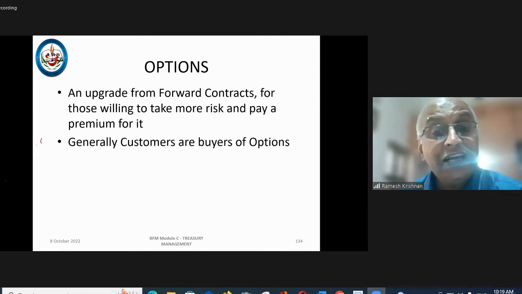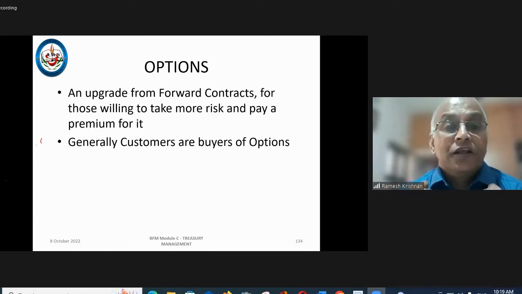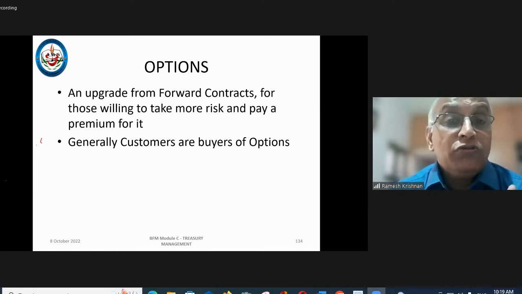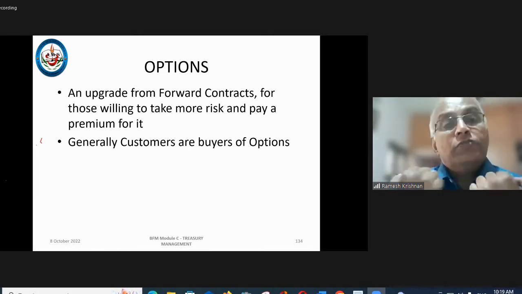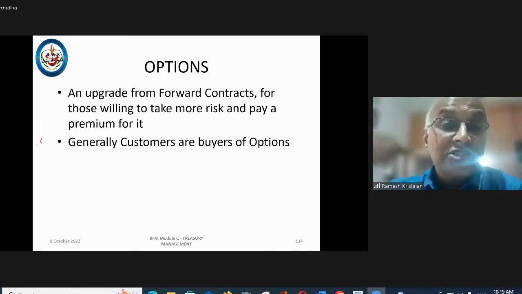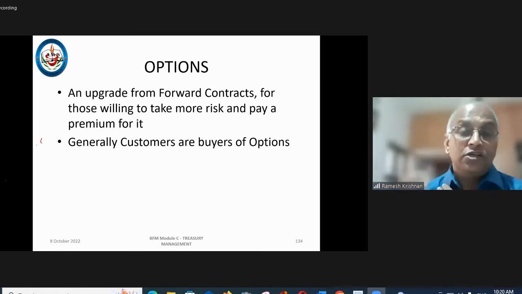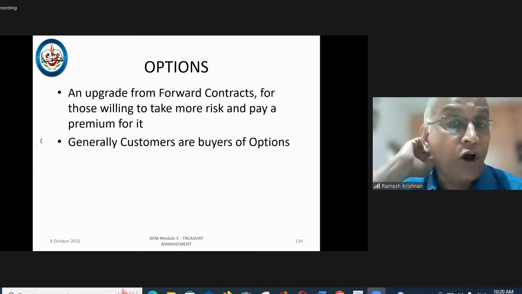Now, generally, customers are buyers of options because they want that right to legally back out. If the market is anything above 82.50, I will back out from the forward exchange contract and I will sell it to you at market. So that is why he is generally a buyer of the option.